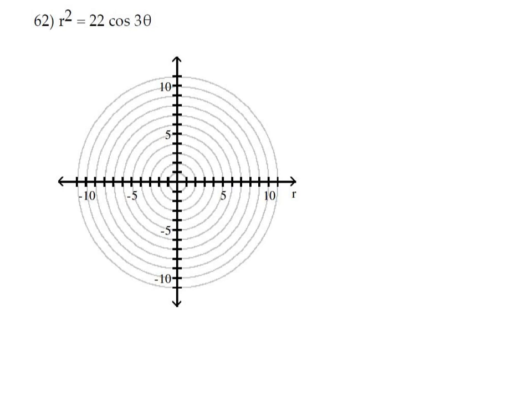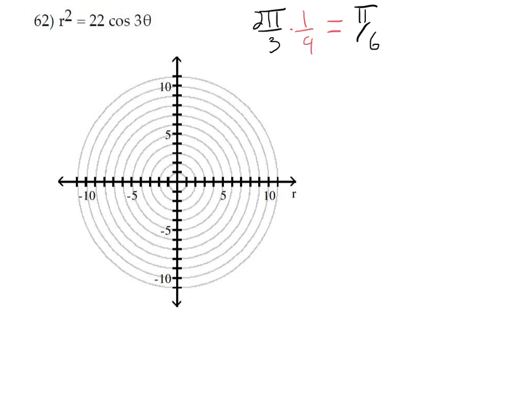Graph r squared equals 22 cosine 3 theta. We start with the 3 theta and find the period of this cosine. The period is 2 pi divided by the coefficient 3. And we're going to do 1/4 of that, so multiply by 1/4, and that gives us pi sixths.